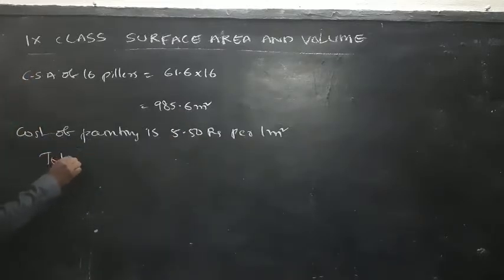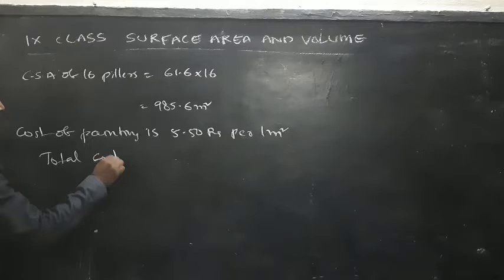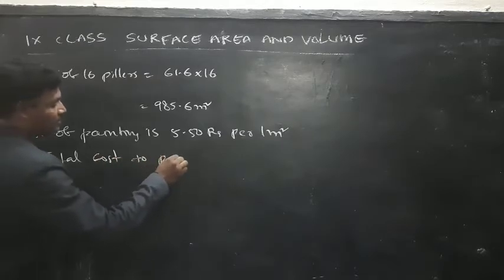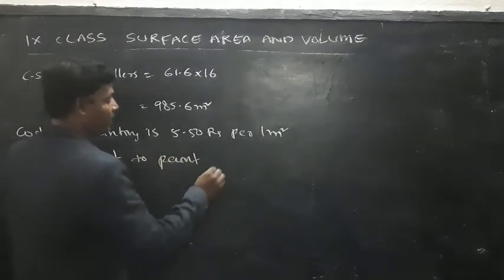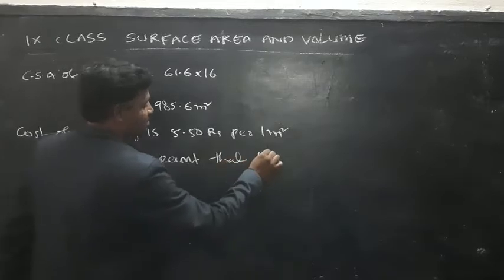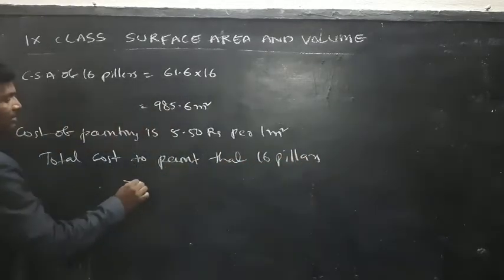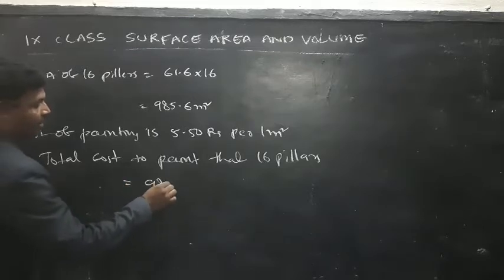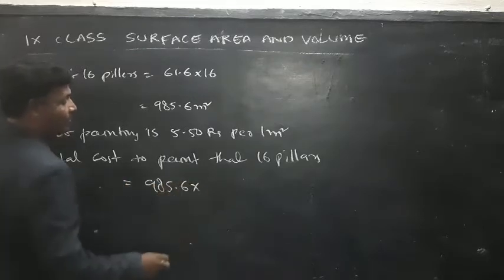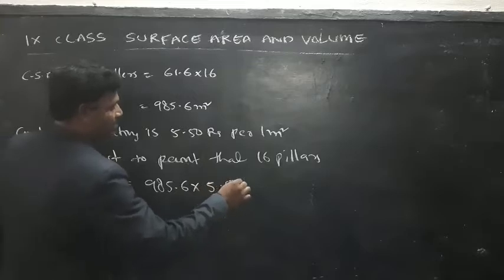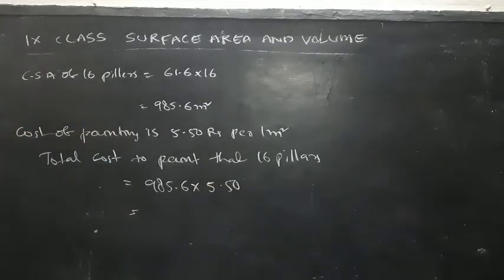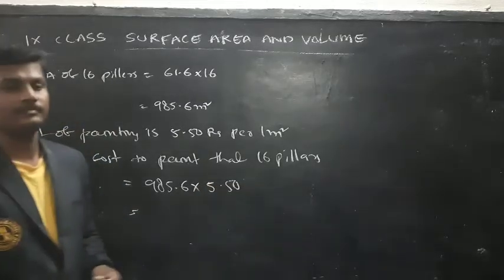Total cost to paint those 16 pillars is equal to 985.6 into 5.50. By multiplying you will get the answer.